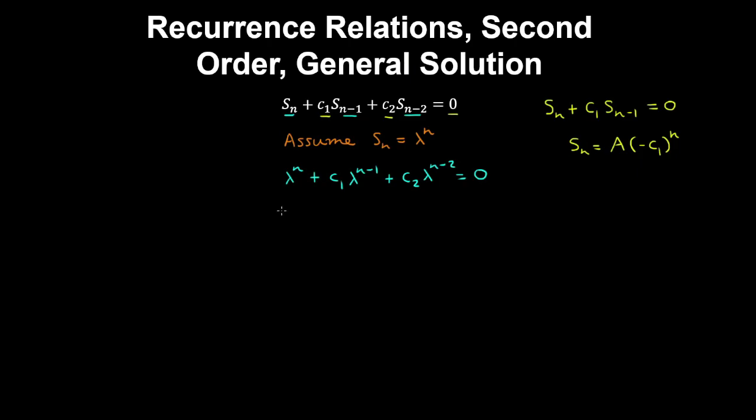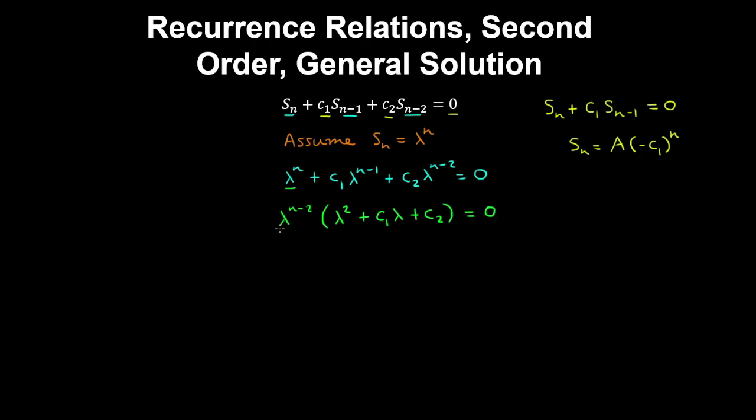And now we can factor out lambda to the n minus 2. So what we have is lambda squared for the first term, since lambda to the n minus 2 plus 2 is lambda to the n. And for our second term, we have c1 lambda and then plus c2, and that's equal to 0.